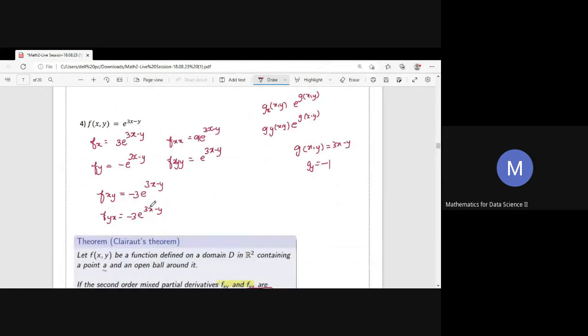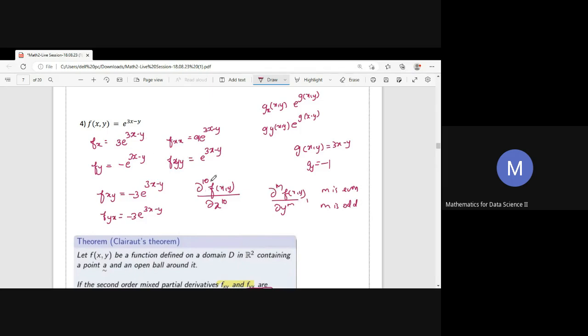For this kind of example, since the concept is going to be repetitive, they may be asking what is, for example, the partial derivative of order 10 of f of x comma y with respect to x, 10th power. Or generally they can ask the partial derivative of order m of f of x comma y with respect to y, where m is even or m is odd. This kind of question can be asked because it is going to be repetitive.